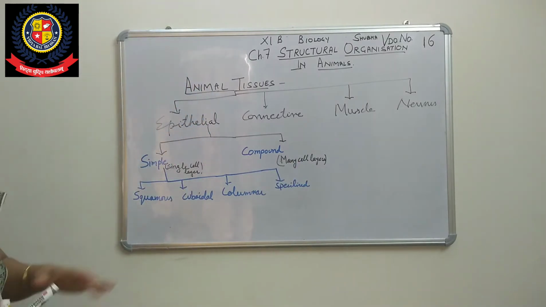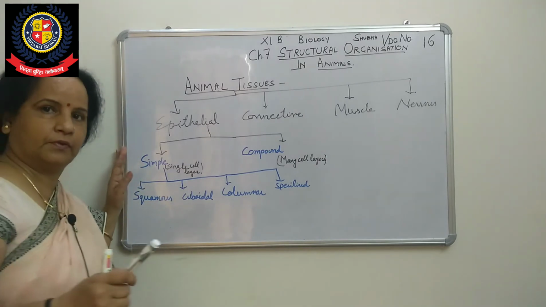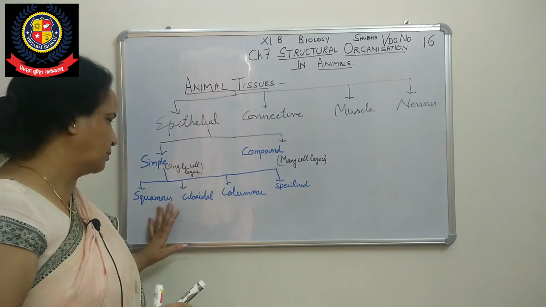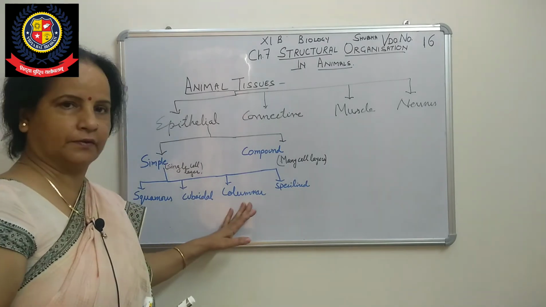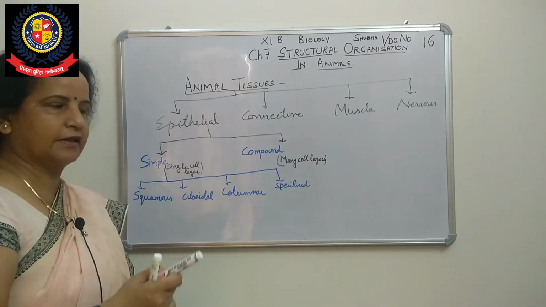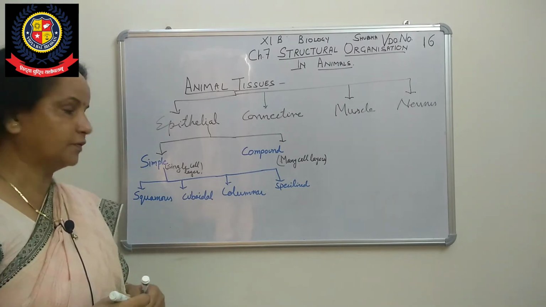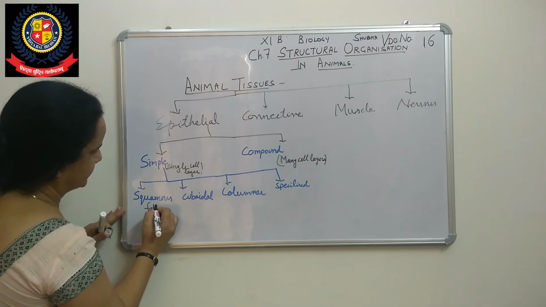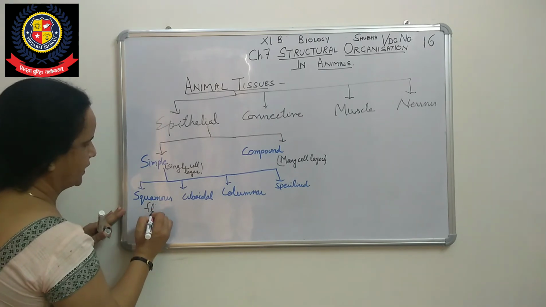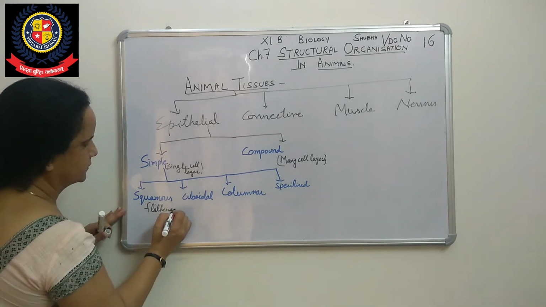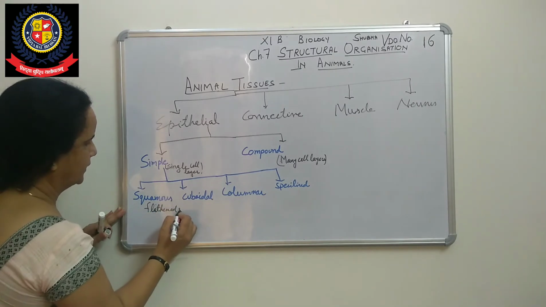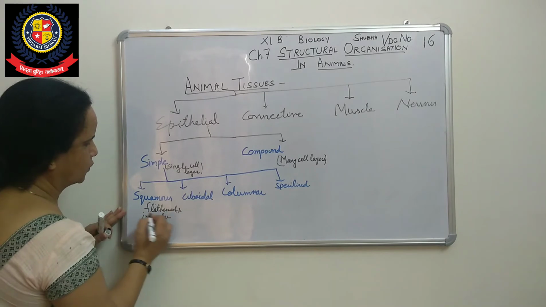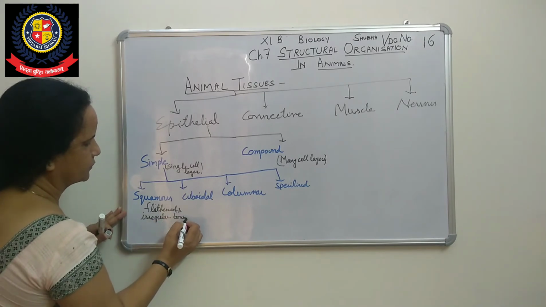Here, on the basis of the shape of the cell, we have divided into squamous, cuboidal and columnar. Squamous cells are flattened cells, flattened with irregular boundaries.